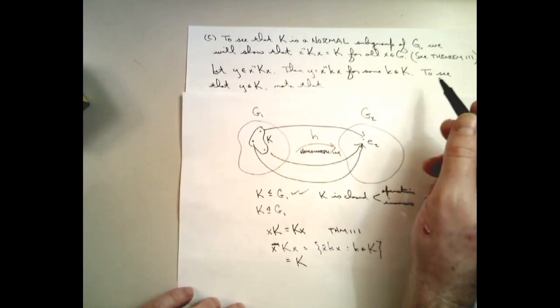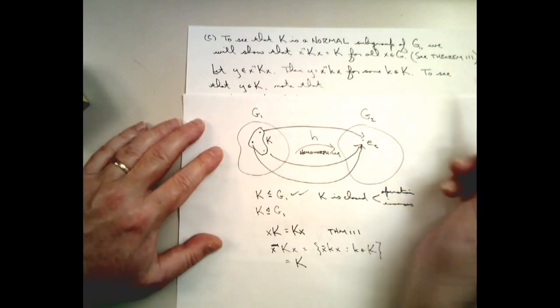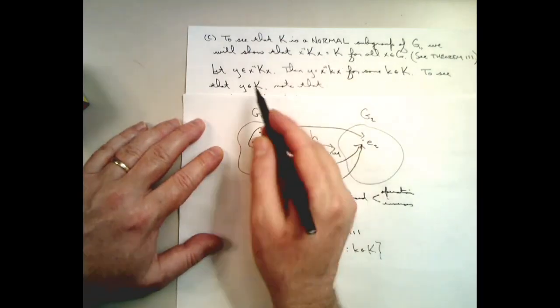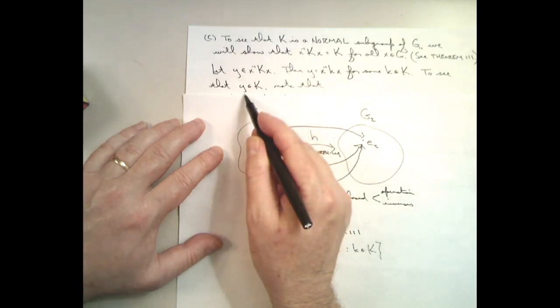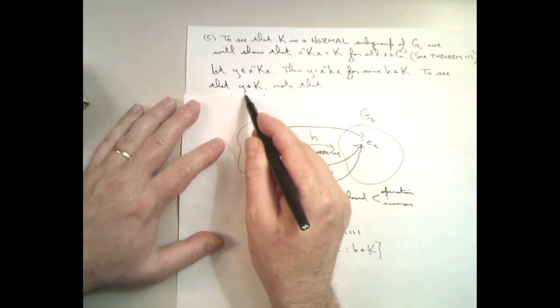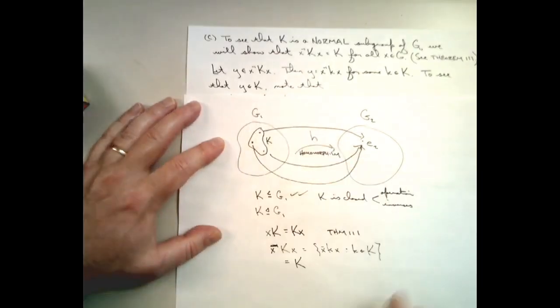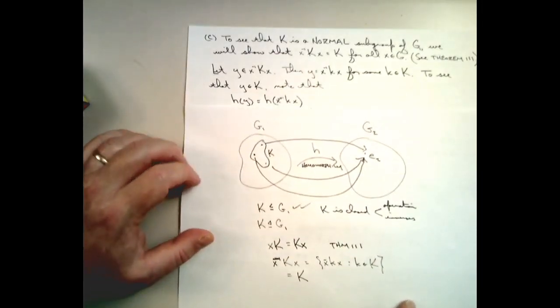All right, so to see that y is in K, well, what does that mean? Again, membership in K means that you vanish under h. In other words, we have to show that h of y is the identity element in G2.